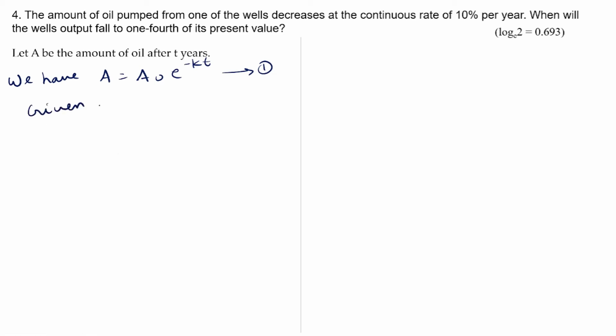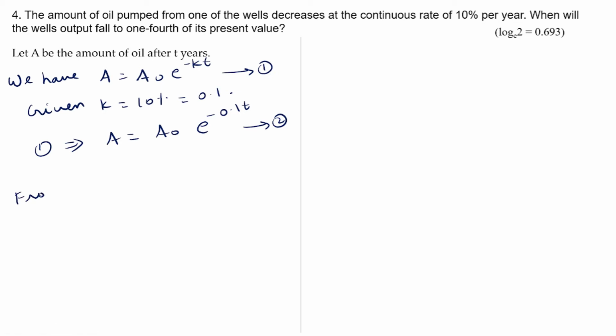Given K is 10%, which is equal to 0.1. So 1 implies A equal to A0 into e raised to minus 0.1 t. We need to find the time in which the well's output will fall to 1/4 of its present value.